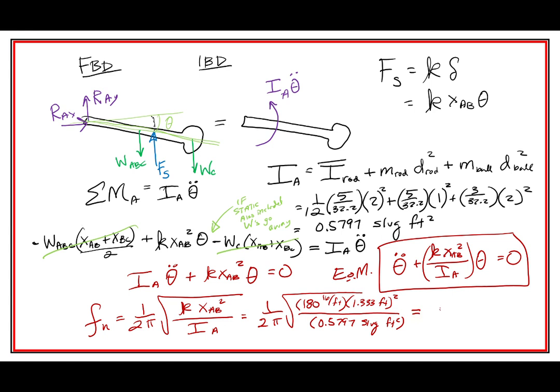And this turns out to be 3.738 hertz. But Dr. Bob's answer was 3.92 hertz. So why is that? Here's my answer, but they're close to each other. Dr. Bob's answer.